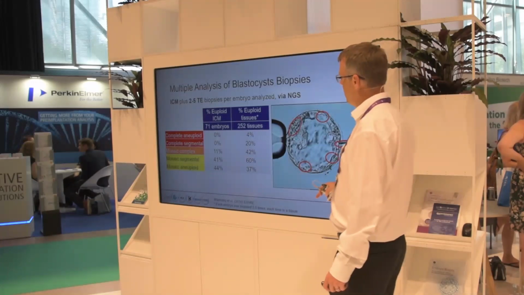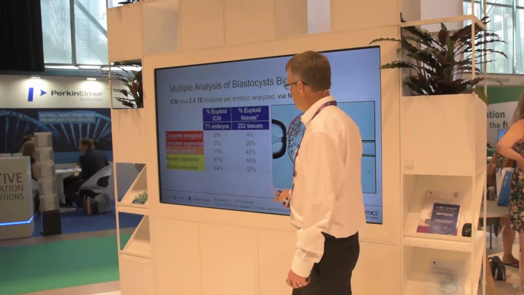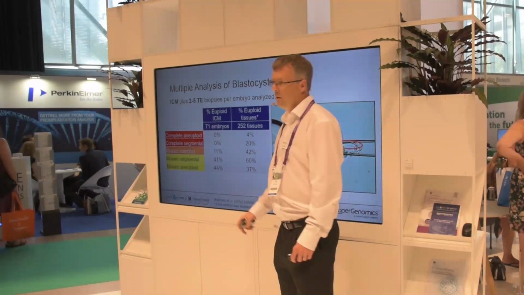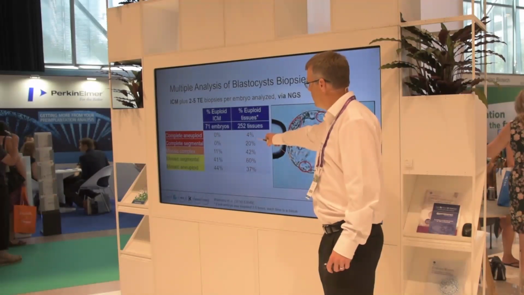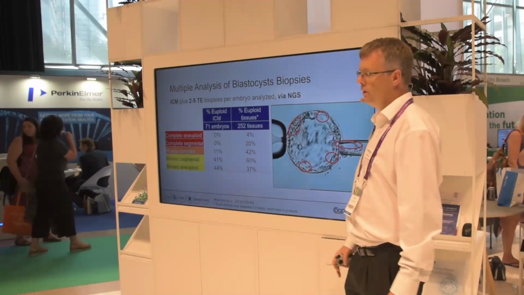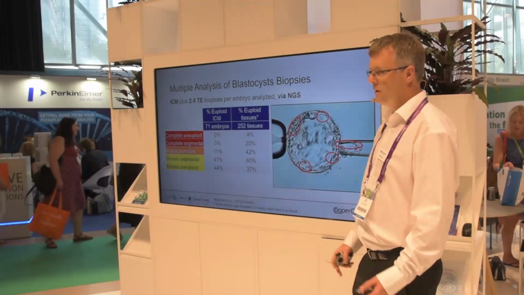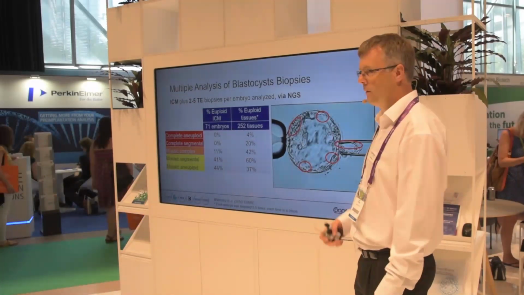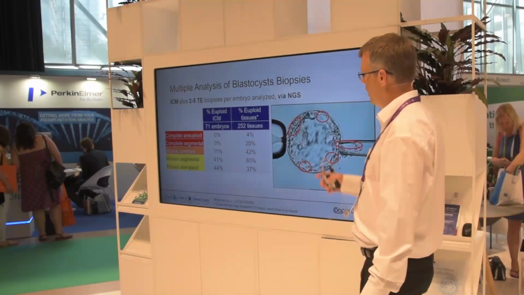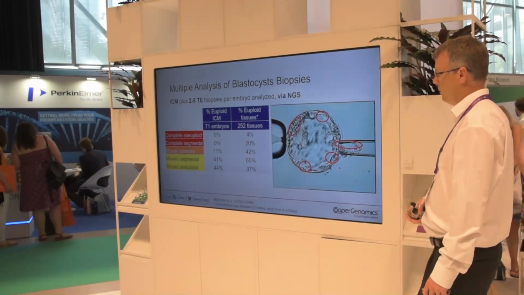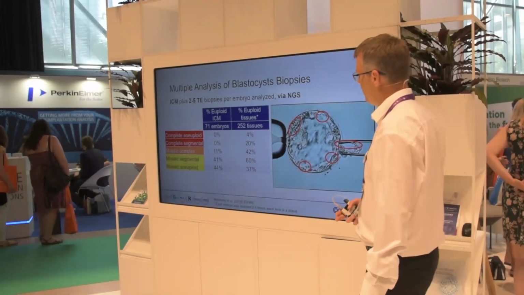So, if the first biopsy was completely aneuploid, the inner cell mass was always aneuploid. So even though very occasionally they found euploid tissues, basically if your first biopsy is completely aneuploid, then there's a very, very, very high chance that the whole inner cell mass will be aneuploid. That's a nice message for patients.